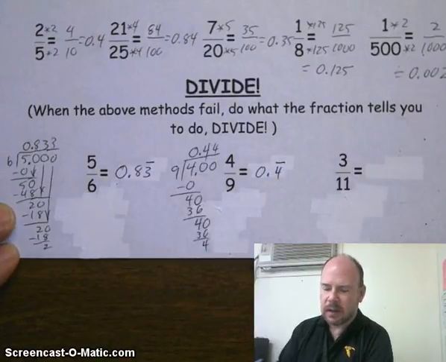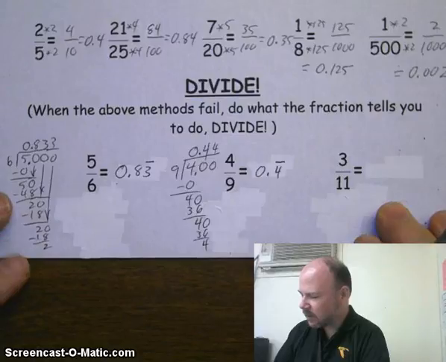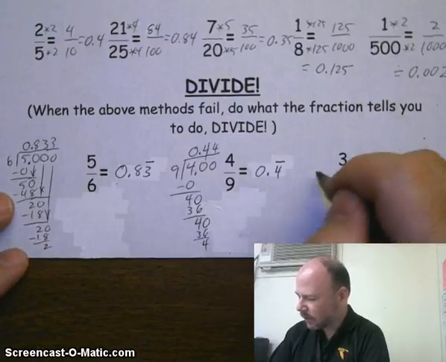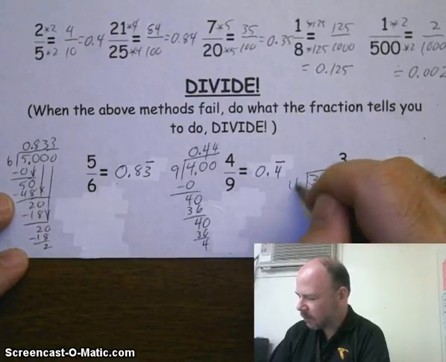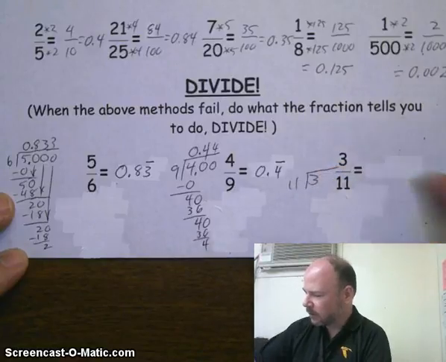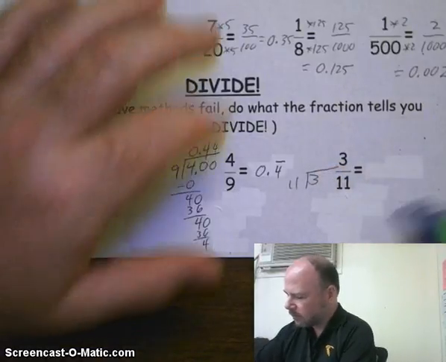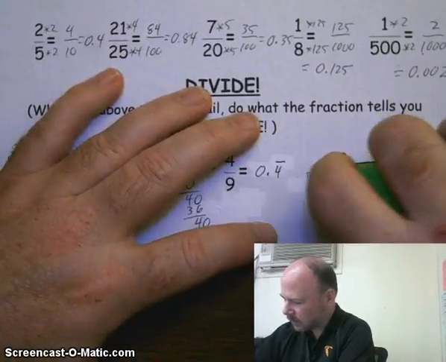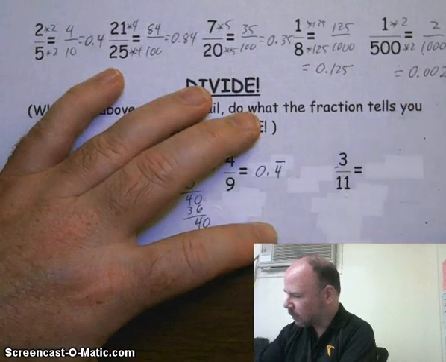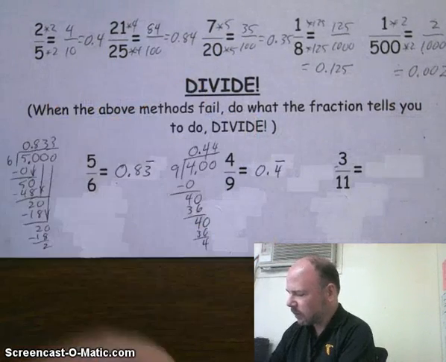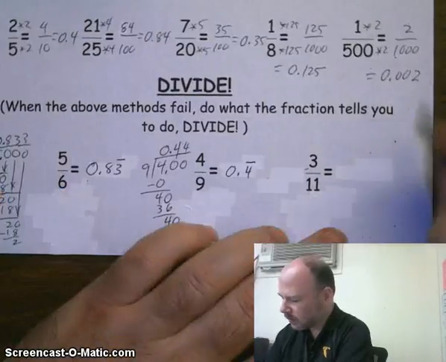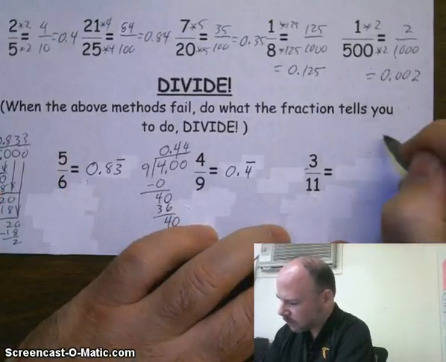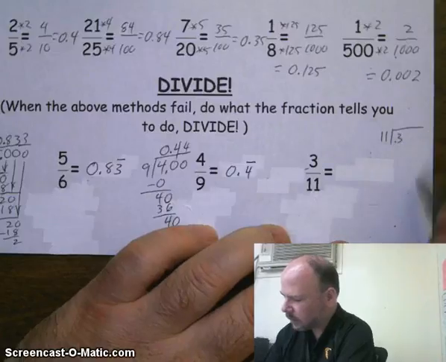Okay, and the last one we have is 3/11. So it is 3 divided by 11. Well, 11 doesn't go into 3. So I'm going to move that problem over on this side. 11 doesn't go into 3.